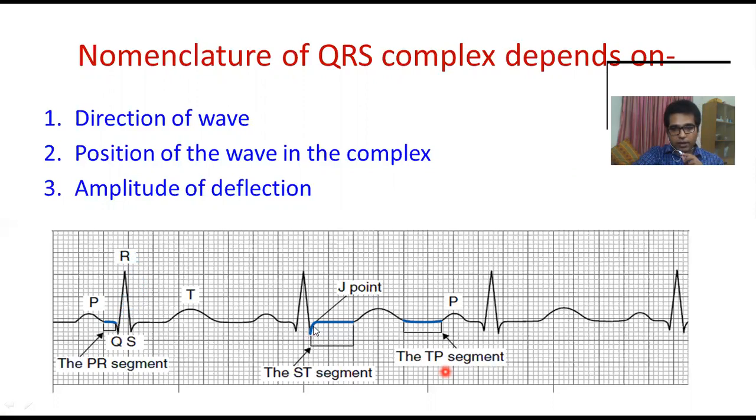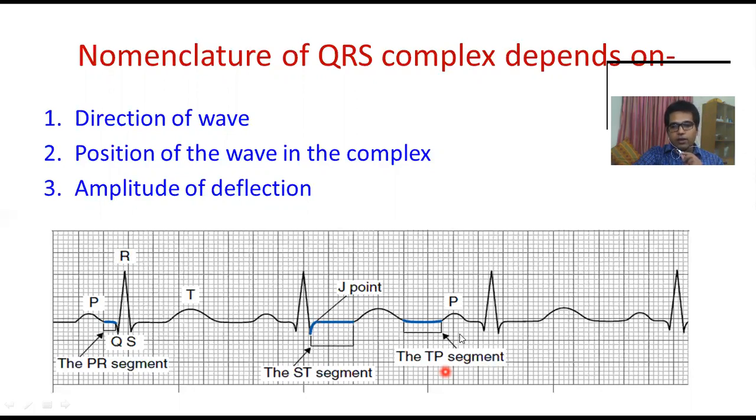Another point we should keep in mind is that the J point is very important. The J point is the termination of the S wave. From the J point to the onset of the T wave is called the ST segment, and that is actually the isoelectric line.